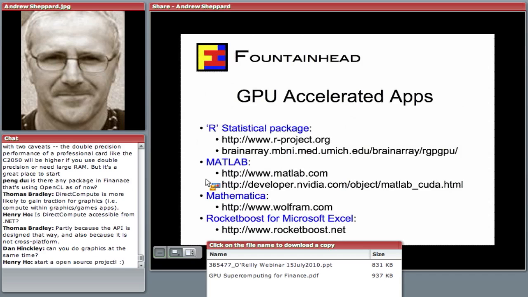Well, so the answer is, I think that if they spend $1 million developing a library, I very much doubt they're going to share it. Having said that, there's a thing called QuantLib, which is a very good open source contributed library. It's not GPU; it's purely CPU based.